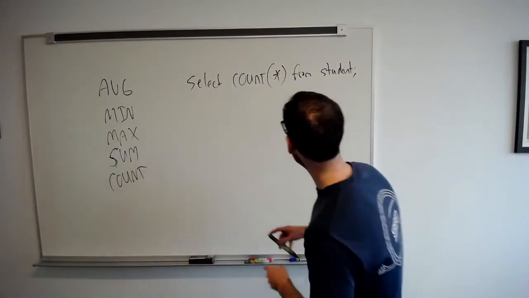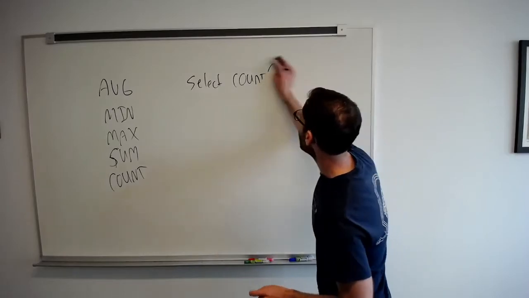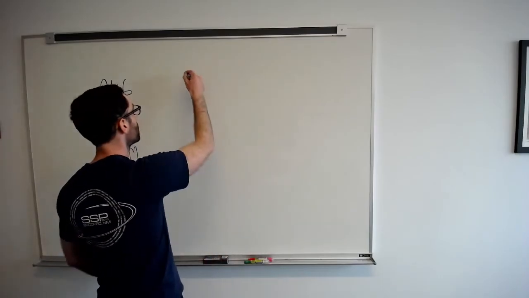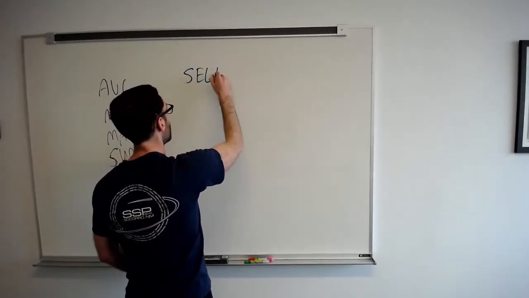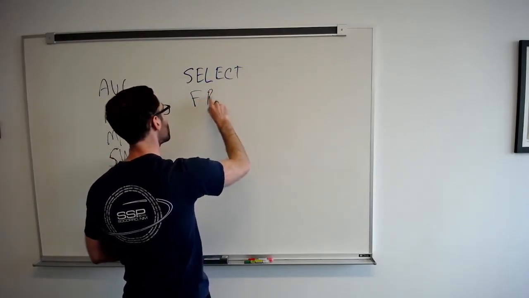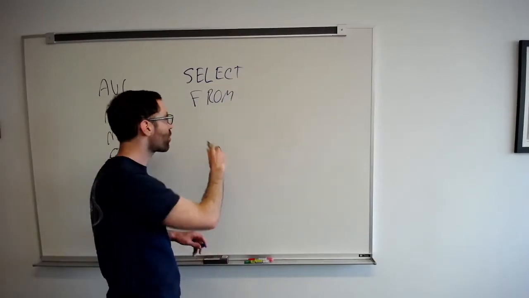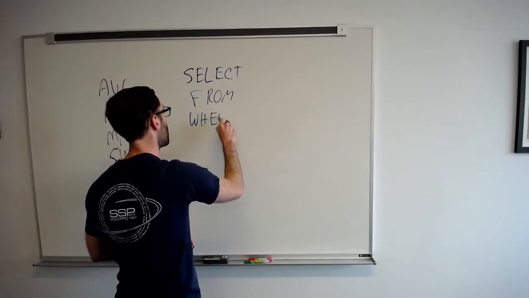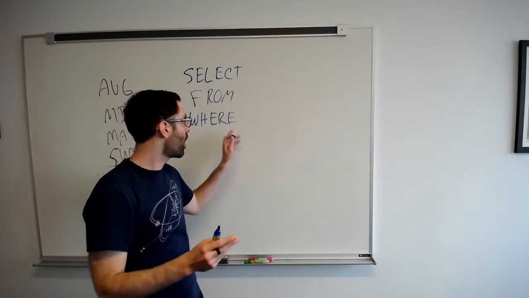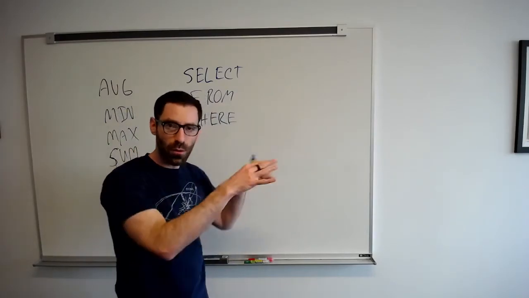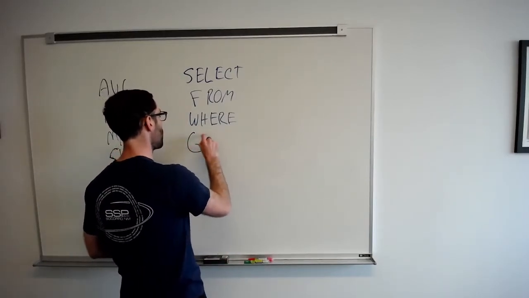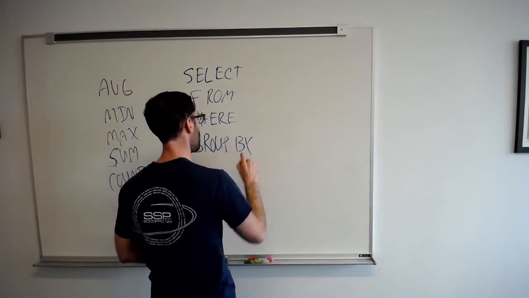So far, we've seen that in our SQL queries, we have a select clause, what is the data we want, then a from, where is the data coming from, then a where clause, which lets us filter the data. Like where department name equals comp sci, we're filtering out just the tuples from computer science. And it's after these three that we get to group by.